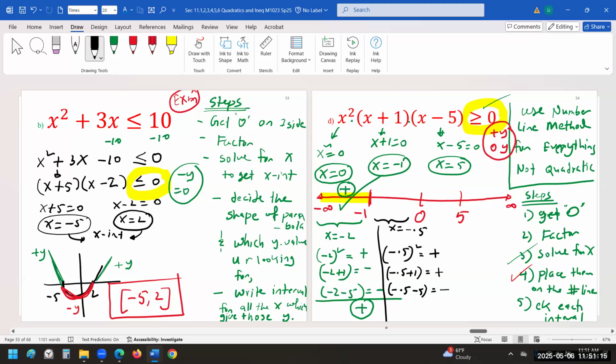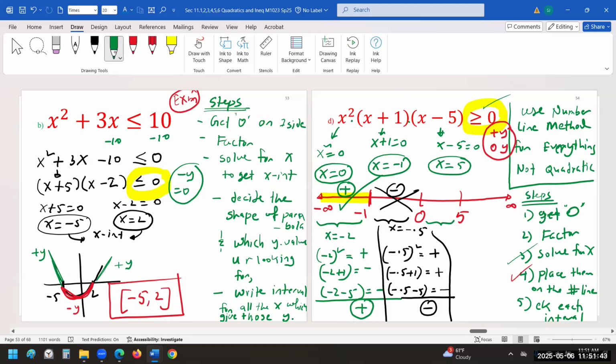If you multiply all three signs, what do you get? Negative. Are we looking for negative? So we cannot take this interval, because it gives us all negatives. So we go to the next interval.